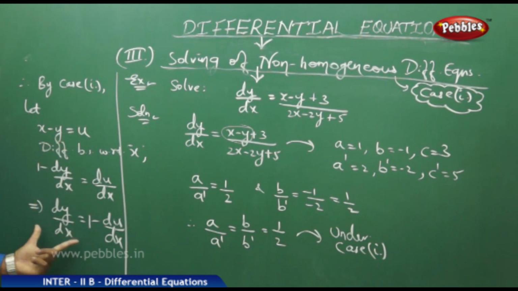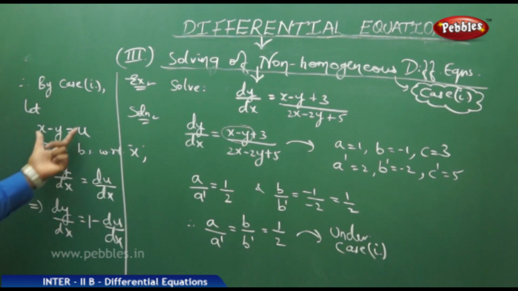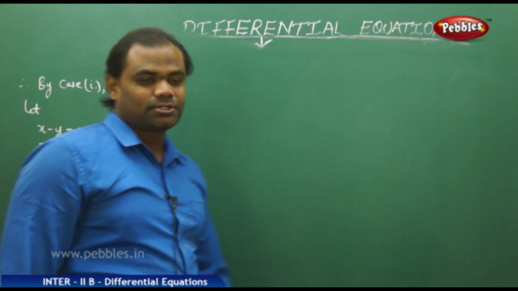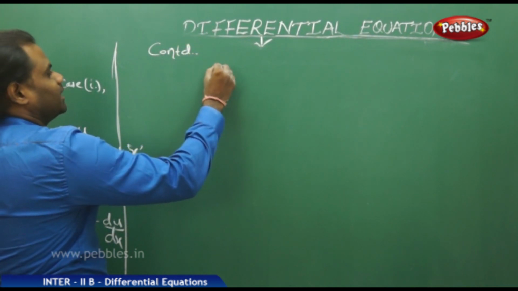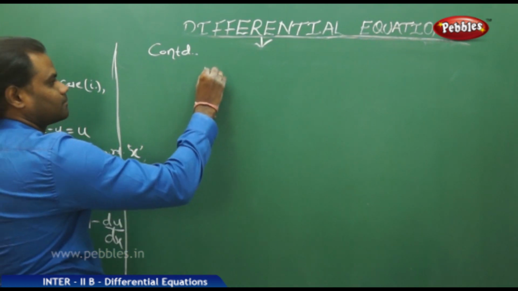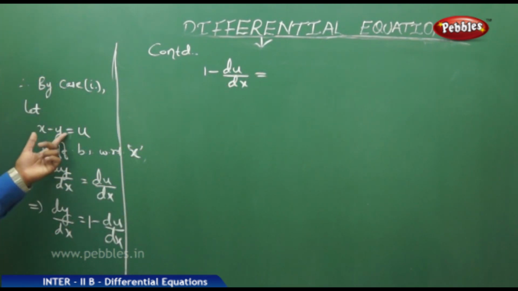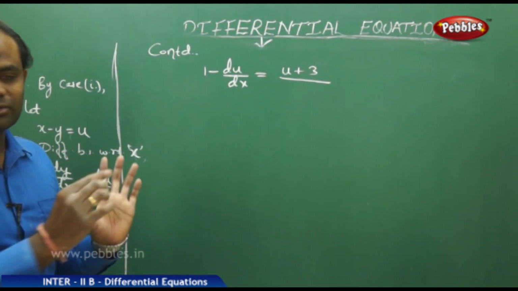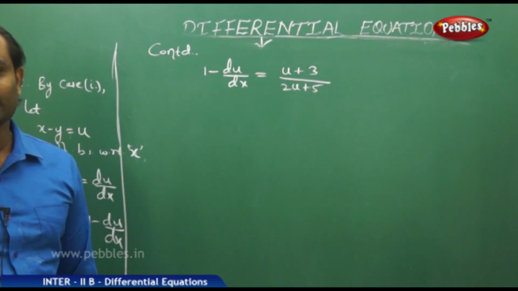So I'm going to substitute this and this in the given differential equation. So let's see what happens when these two are substituted in this differential equation. Therefore, substituting these two equations in the given problem, we get dy by dx, which is 1 minus du by dx, equals x minus y plus 3, that is u plus 3, by 2x minus 2y, that is 2 times x minus y, is 2u plus 5, is what we get.